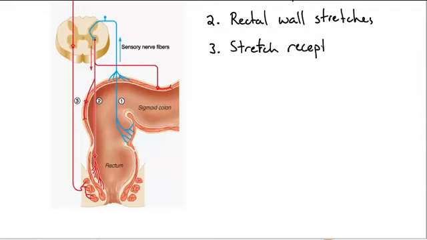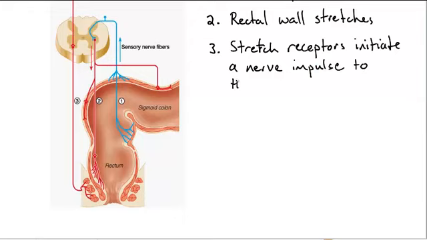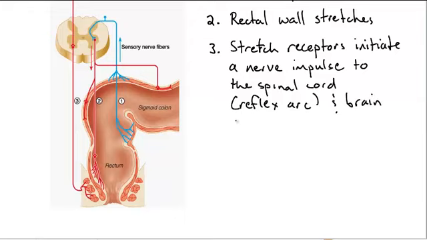So the stretch receptors initiate a nerve impulse, the details of which we talked about last unit, to the spinal cord, which is the reflex arc part of this. And the brain, which is our conscious control of it.